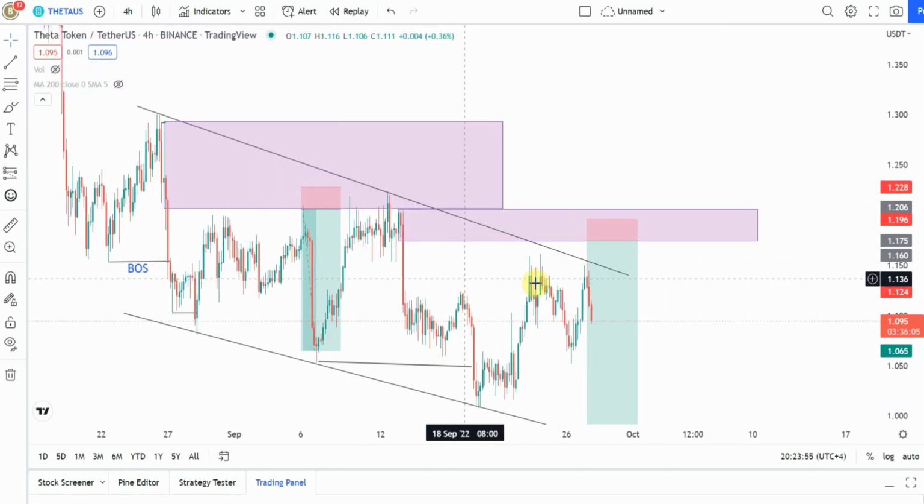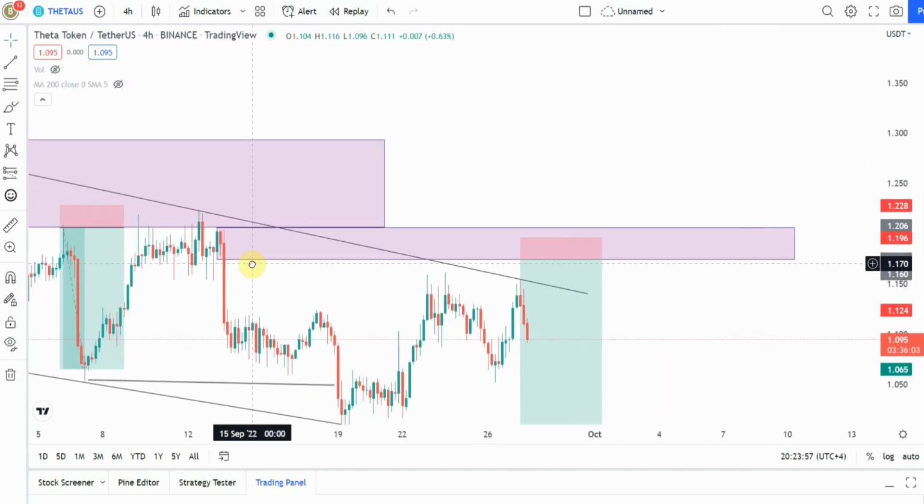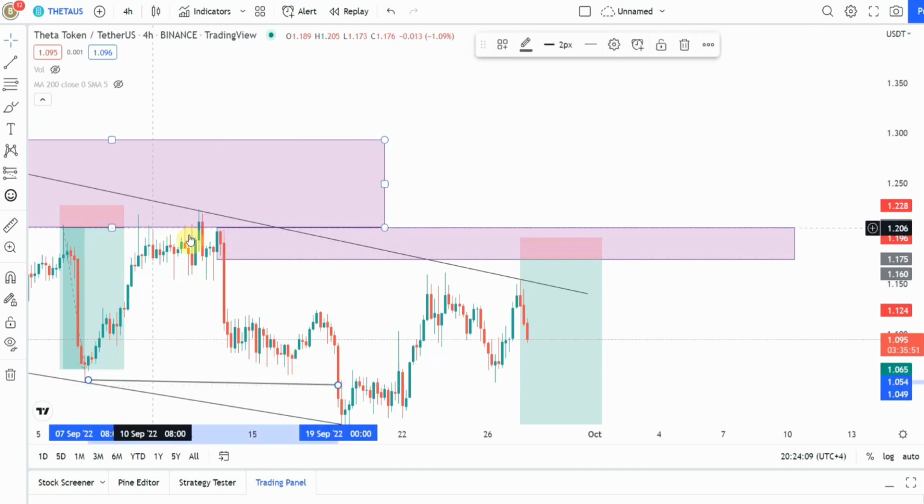That was what confirmed that this is a clear order block. You can see it took out liquidity from above, and this is the last buying candle after a break of structure happened. There is also another one here.